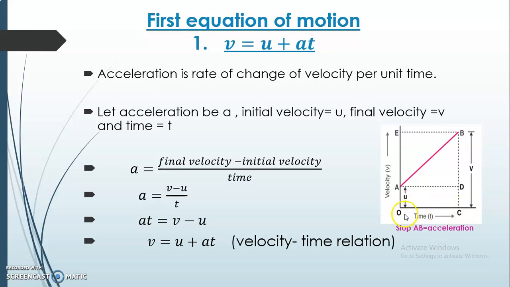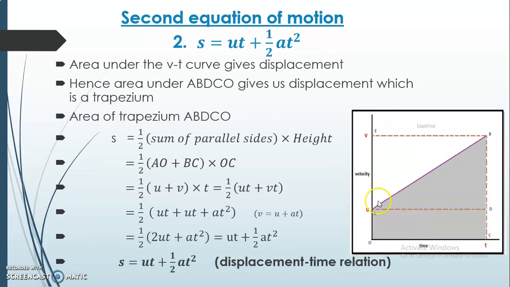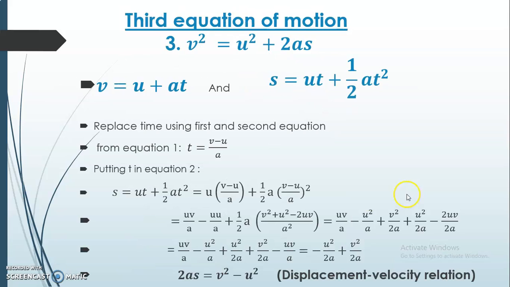This is the time OC. The second equation and the third equation also are on the same graph because we are using equation 1 and equation 2 and replacing time to get this displacement velocity relation.